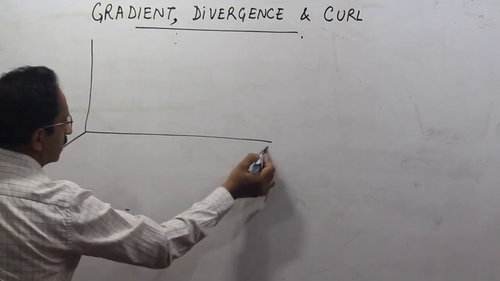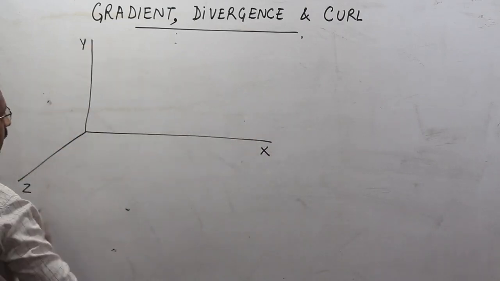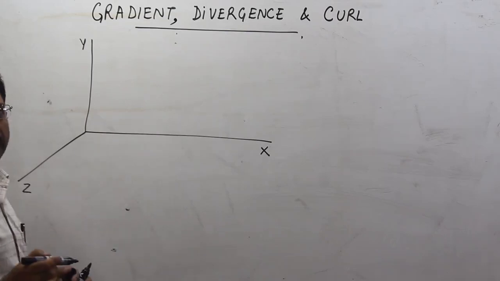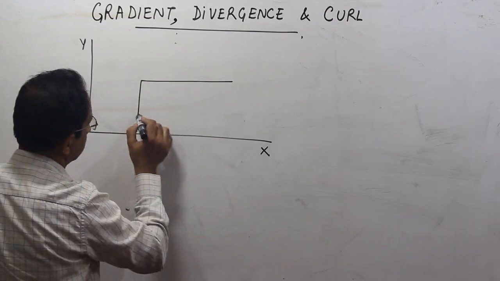So ये Cartesian plane है. I have x, I have y, I have z axis, and here I imagine a very small parallelepiped. So this is the parallelepiped.